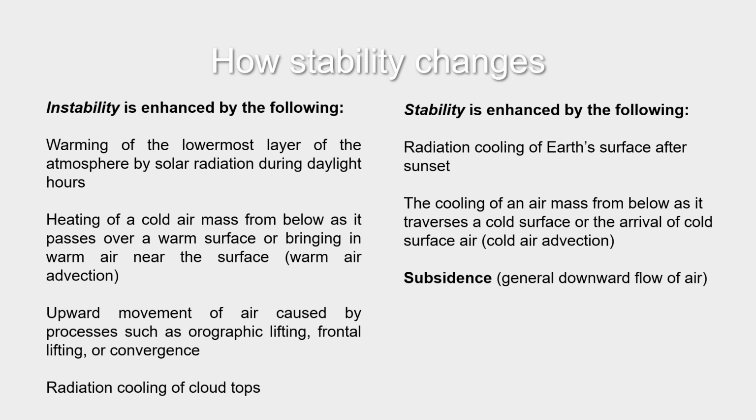That's why in subsidence only the upper part of the air is compressed, and this compression produces heat. Because this compressed air is warmer than the air near the surface, subsidence, or the general downward flow of the air, tends to stabilize the atmosphere.